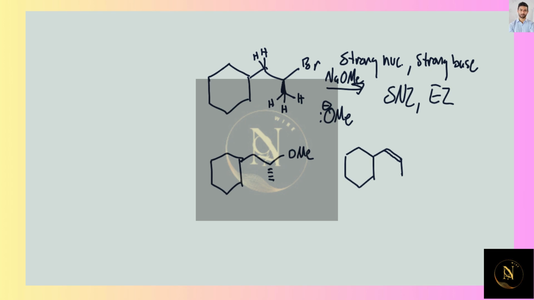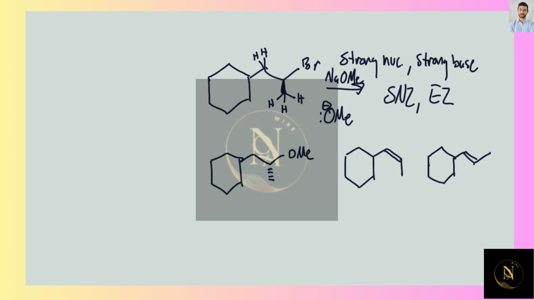Next, consider that of this particular product, we could also consider a trans variant in which the cyclohexane group and the methyl group would be trans to each other rather than cis across the double bond. Like so. This would actually be a more major product than the less stable cis product.